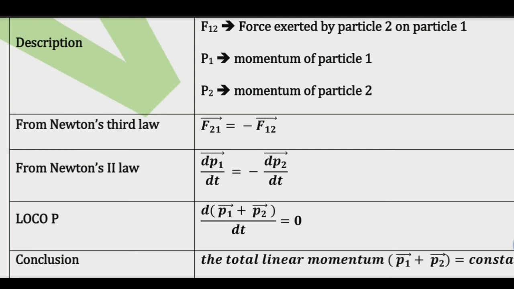So dp1 vector by dt plus dp2 vector by dt is equal to 0. Since d is common, it is taken out. So d into (p1 vector plus p2 vector) divided by dt is equal to 0.